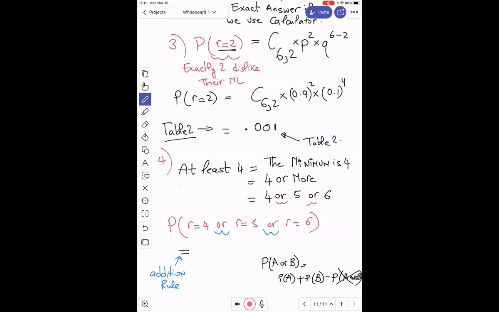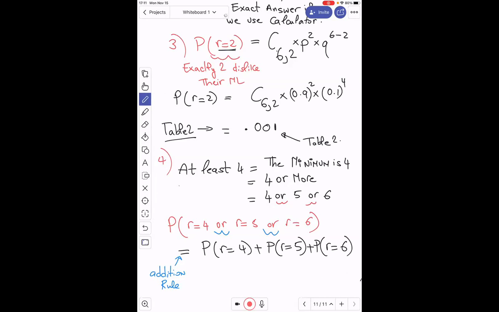It can be equal to only one value, right? So probability of A and B is 0, and it's just P of A plus P of B. So this probability is just the probability that R is 4 plus the probability that R is 5 plus the probability that R is 6. There is no "and" term here.